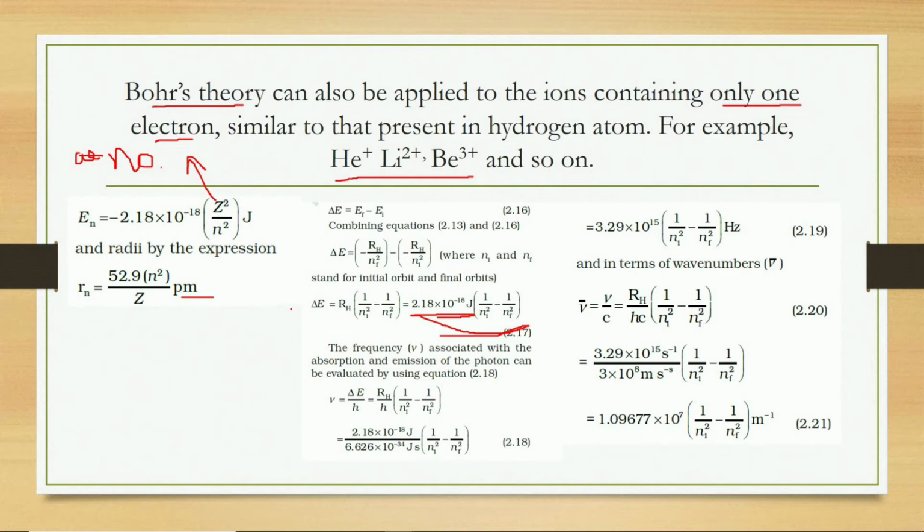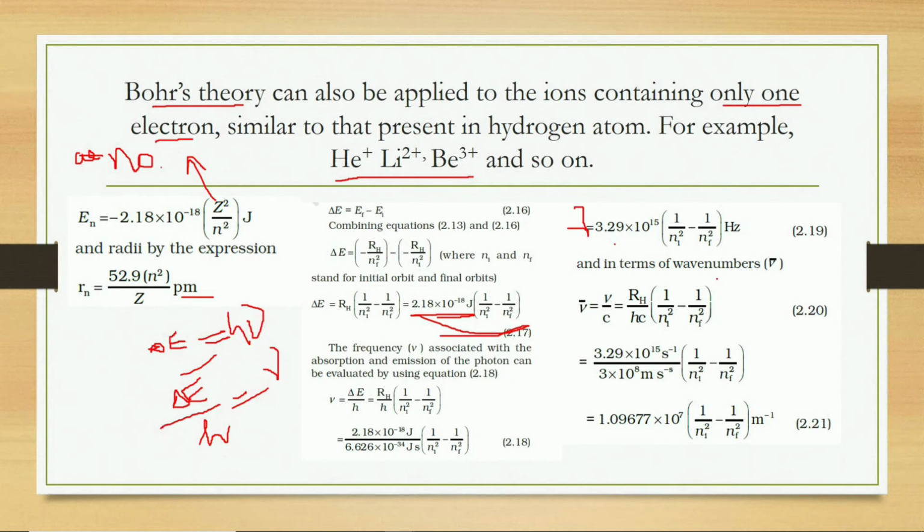Similarly, we can calculate the frequency, as we know that delta E is equal to h nu. If we want to calculate nu, then we have to divide delta E by h, that is Planck's constant. We get this term, and this is the frequency.